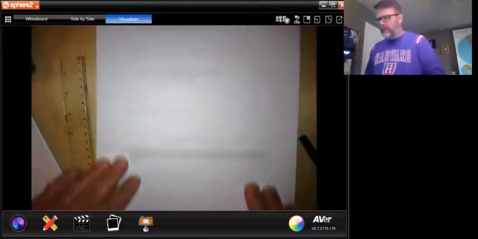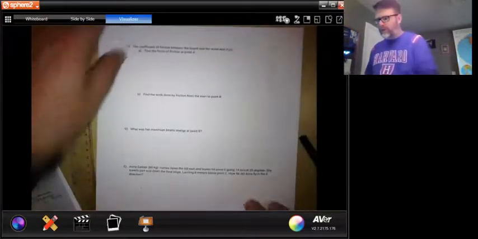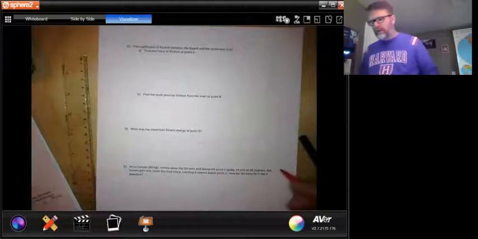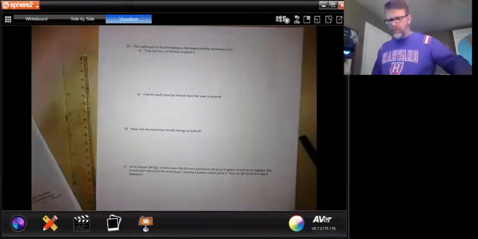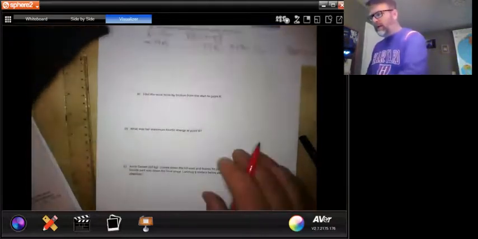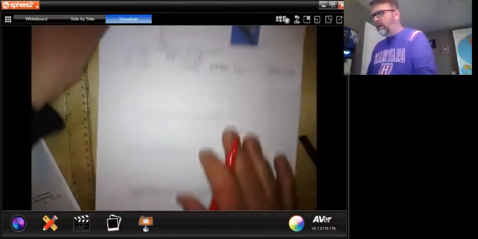On the next page, we're looking at the coefficient of friction between the board and the snow. If we look back at our diagram, that's when things start becoming important.